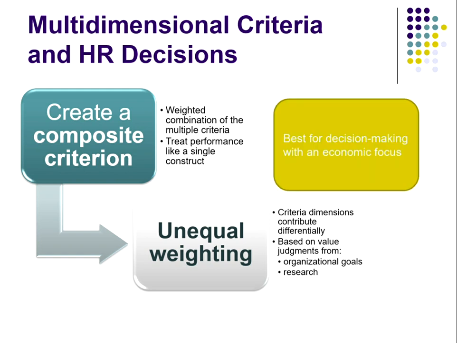If we're making decisions that have to do with an economic focus, like we want to make the most money, we want to be profitable, we want to make good decisions so that we're paying high performers well, things like that.